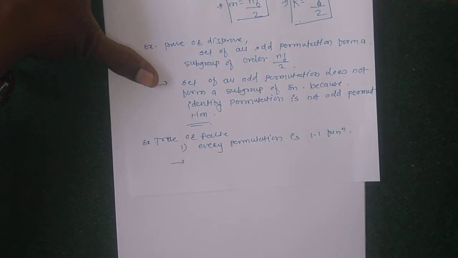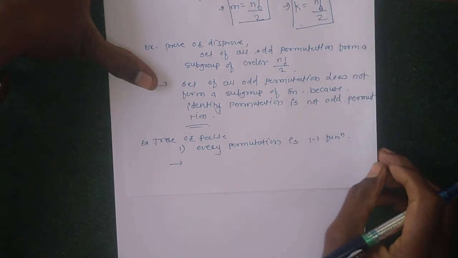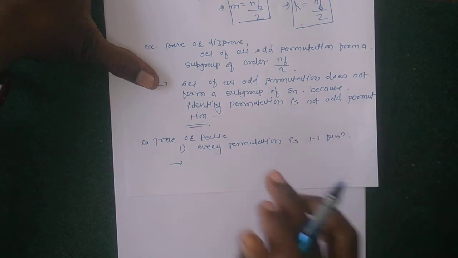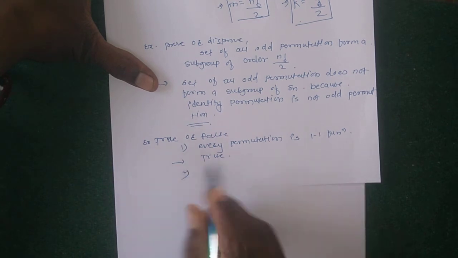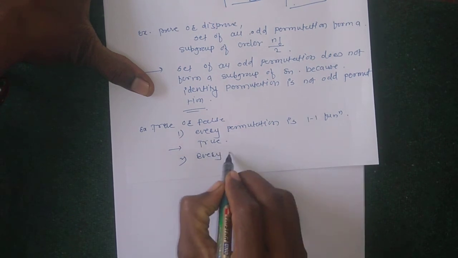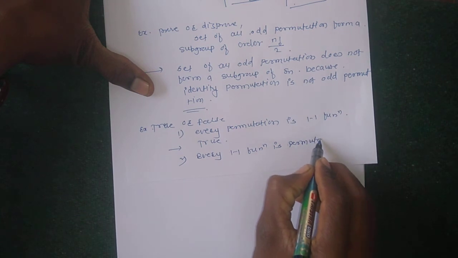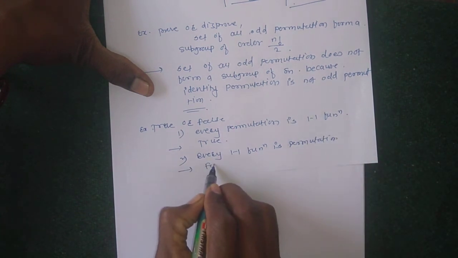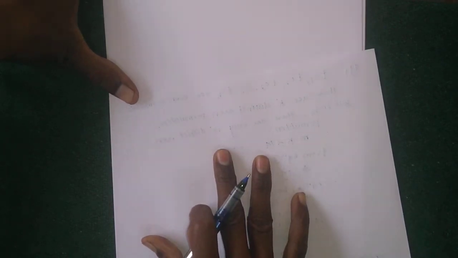Every permutation is one function, because the definition says that a permutation is bijective. Bijective means one-one and onto, therefore every permutation is a function. This is true. Then second: every function is a permutation. This is not possible, so this is false. Then next is every function from a finite set.